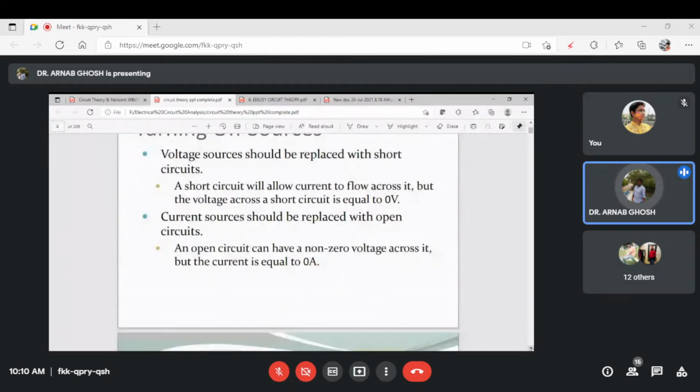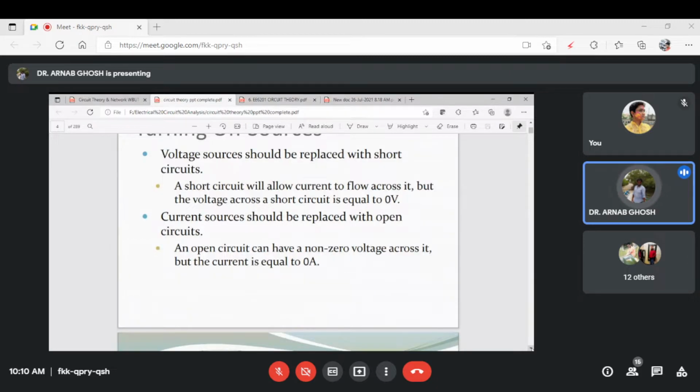The next thing is how you turn off the independent sources. When I am talking about a voltage source, this should be replaced by a short circuit wire. That means the part of the circuit which consisted of the voltage source will be represented as a short circuit.